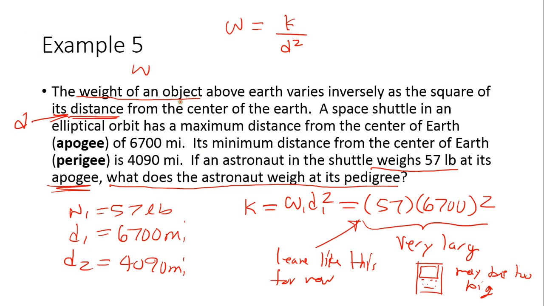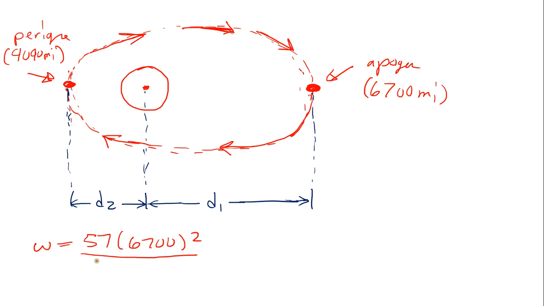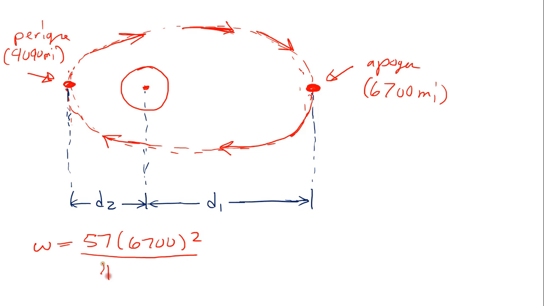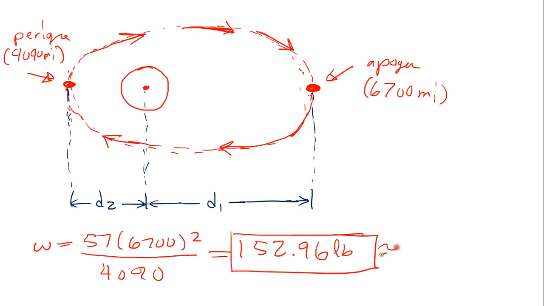Flipping back and forth. Your weight is K. Oh, okay, that's right. Over distance squared, which is D2, the distance we're interested in right here. So 4,090. And if you divide that out, it ends up being 152.96 pounds. And I think the book rounds to 153 pounds.